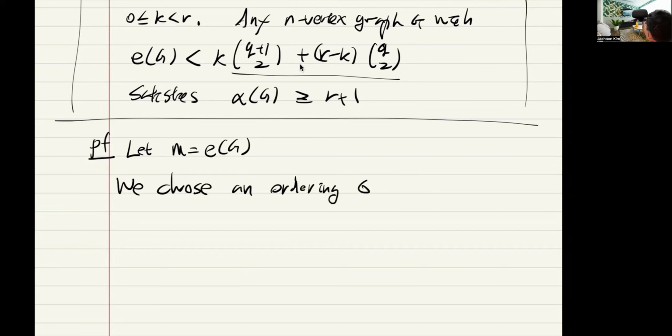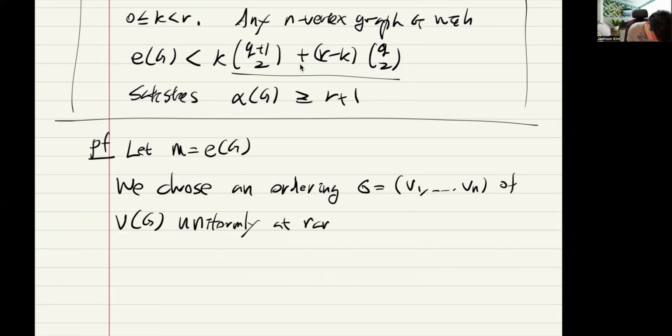Say this ordering is sigma, p1 to pn of the vertices of G, which is chosen uniformly at random. In other words, there are n factorial different choices of this permutation, and you choose one of them with probability 1 over n factorial.